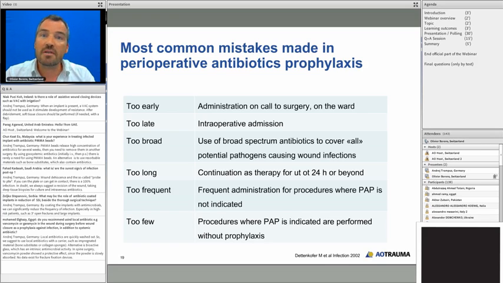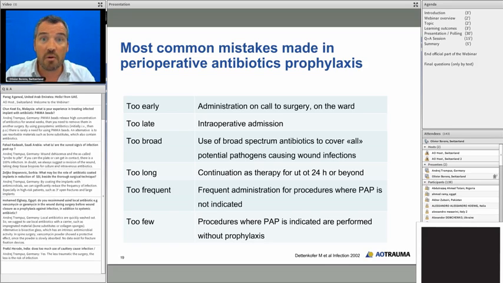Minor surgery means only putting in pins or an external fixator when there's no open fracture, or for instance, if we do a standard arthroscopy without putting in any implants, so there's normally no need for antibiotic prophylaxis. And of course, too few is when we don't use antibiotic prophylaxis in situations where we normally should have used it.